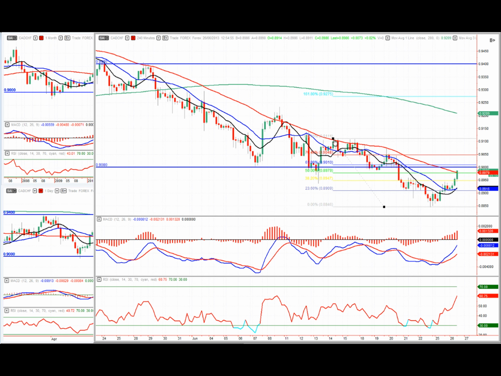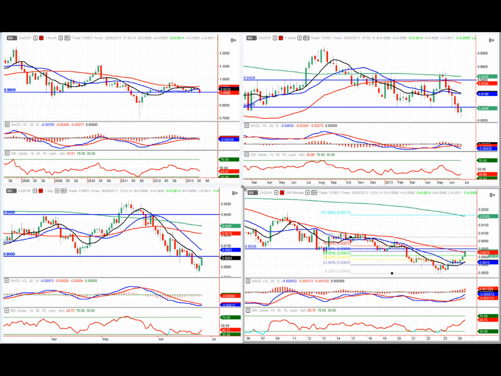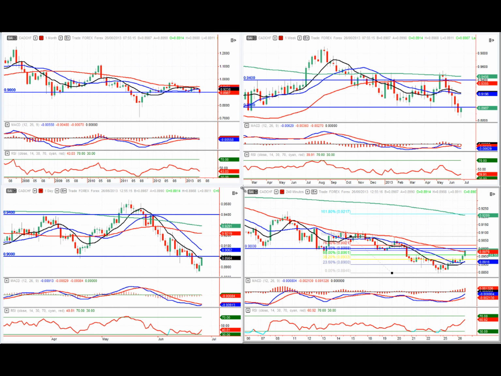Even if I draw this down to the previous swing high, we're also very close to that 61.8% fib level. So we've got a number of things stacking up around this 9,000 level for price to potentially turn around and for the downtrend to continue.